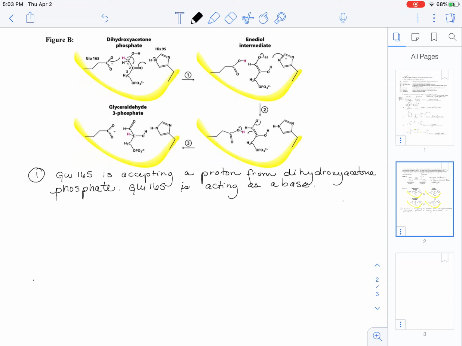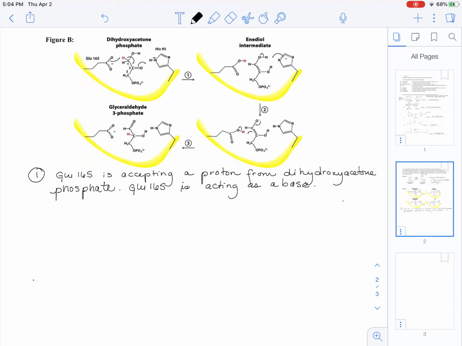During the same process, as you can see in this mechanism, the carbon atoms that are part of dihydroxyacetone phosphate are labeled. In that first step, we have another proton transfer.